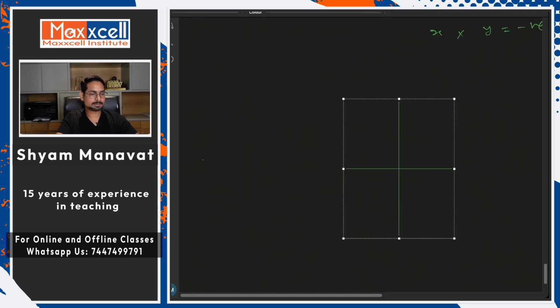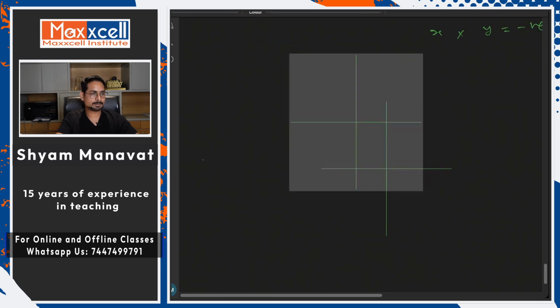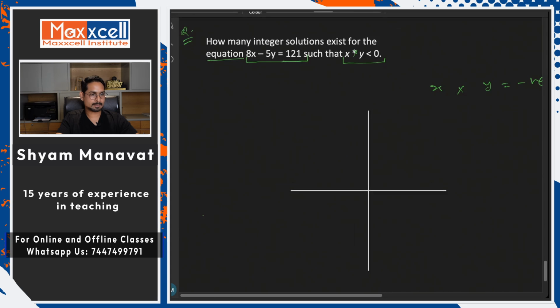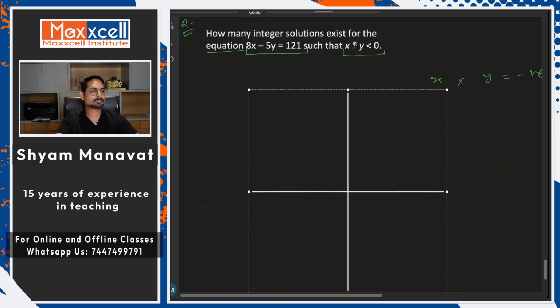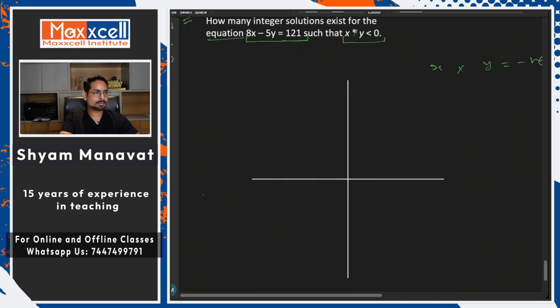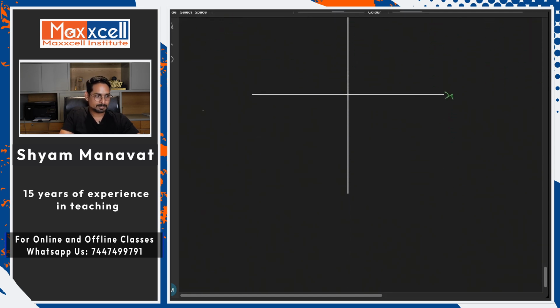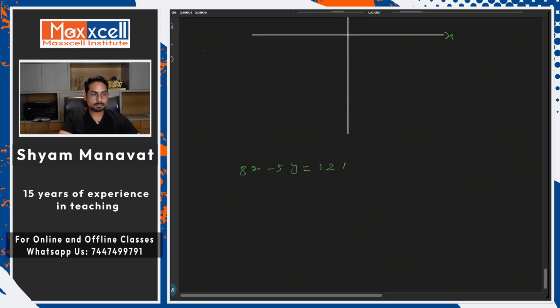Now let me plot this equation on this xy plane. So what do we have? 8x minus 5y equal to 121. Do you remember how we used to plot the equation on this xy plane?